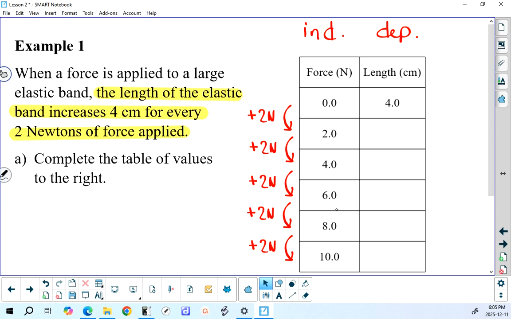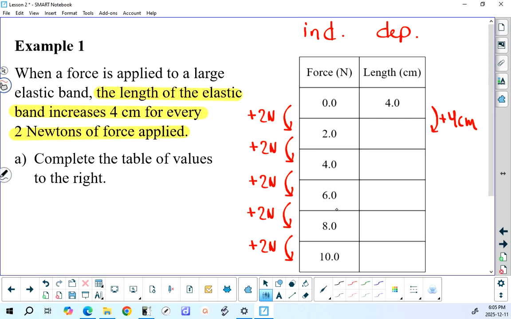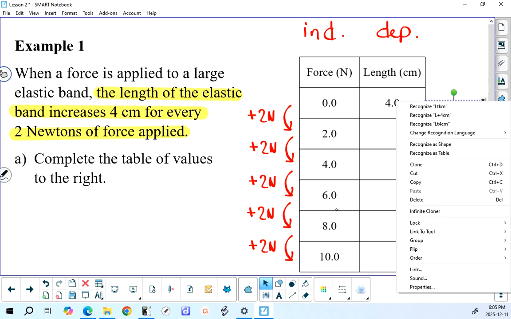And that regular change happens to match something that was given in the yellow highlight. It says the length of the elastic band will increase by 4 centimeters every time the force goes up by 2 newtons, which means that this, for the dependent variable, is going to have a consistent change as well. It happens to be a consistent change of 4 centimeters.